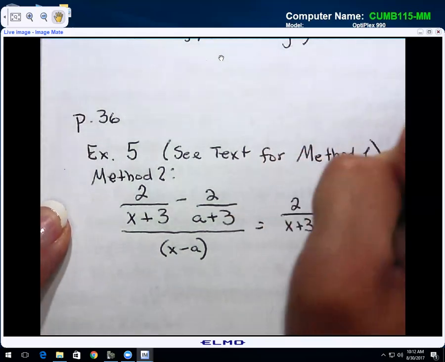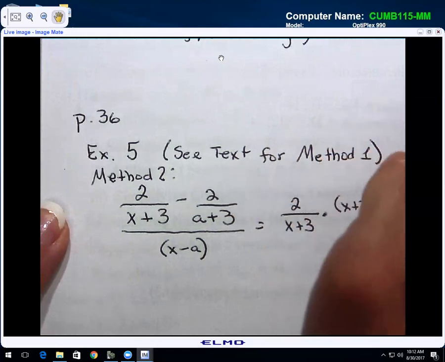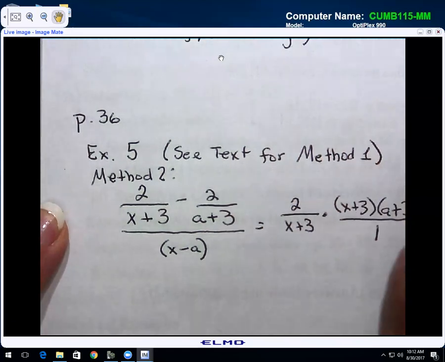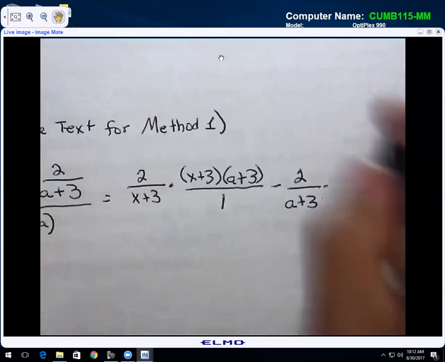Here's the first term times the LCD. Here's the second term times the LCD.